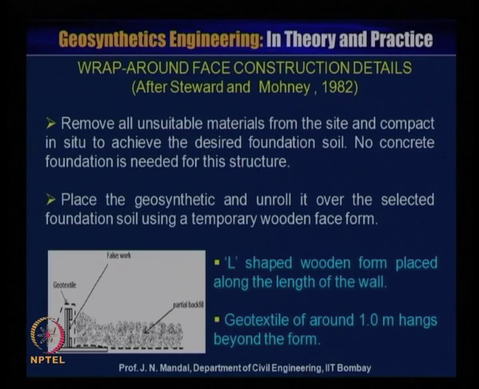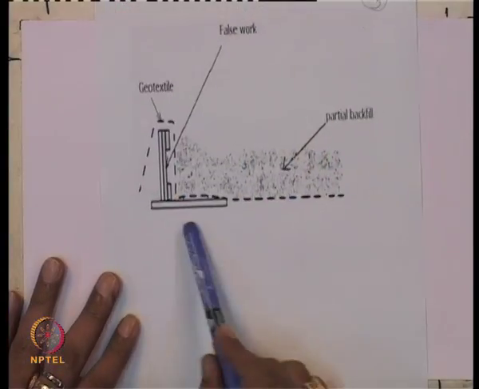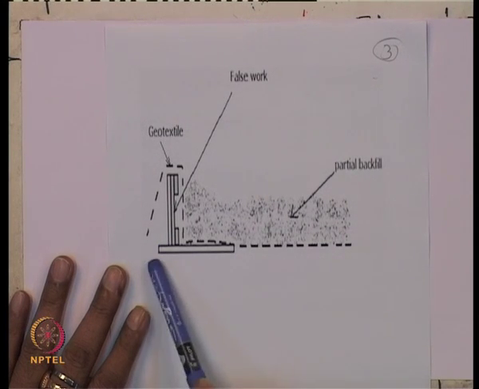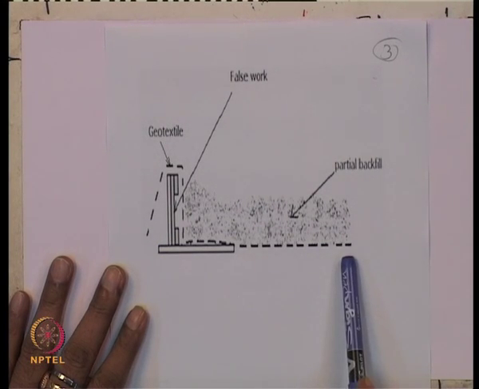Now, how can you construct this wall? This is the wrap around face construction detail after Stewart and Mohney, 1982. For example, this is the ground surface and you want to construct a wrap around face retaining wall.